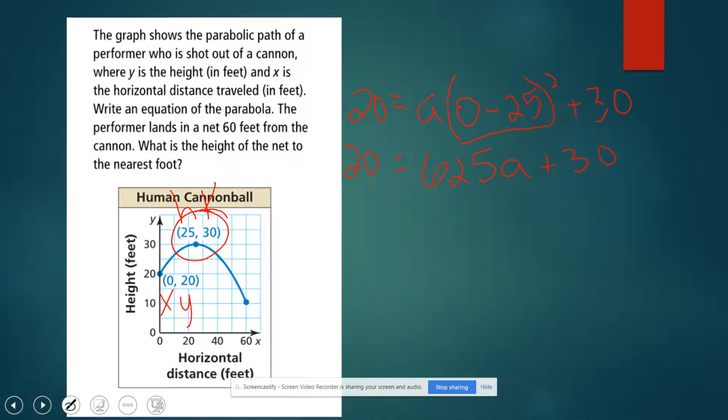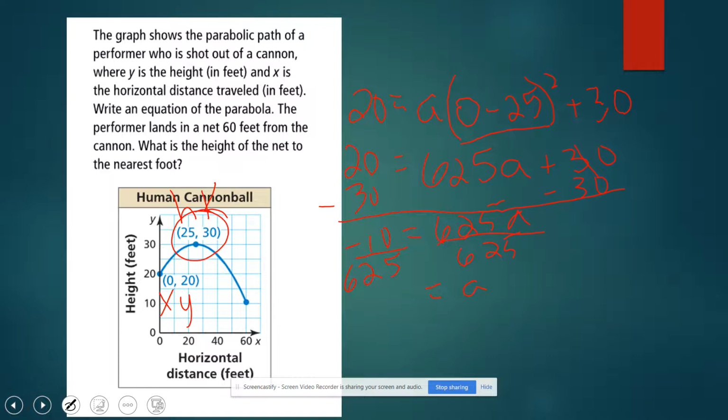Now we can go ahead and move our like terms over to the same side. We're going to subtract the 30 and get negative 10. Divide both sides by 625 to get A alone.